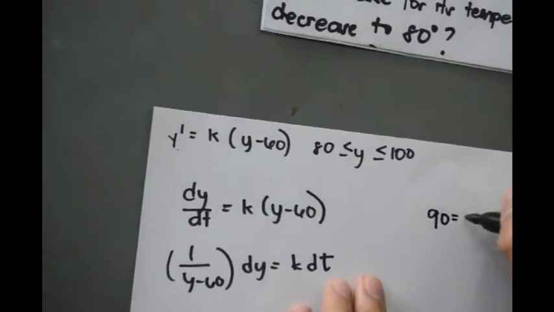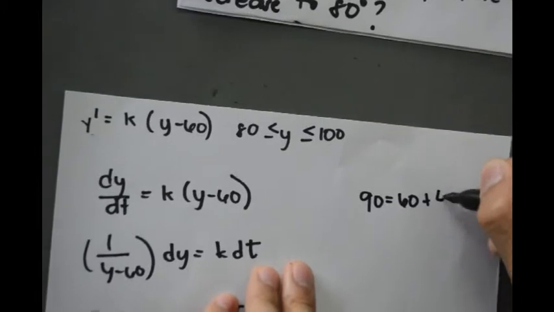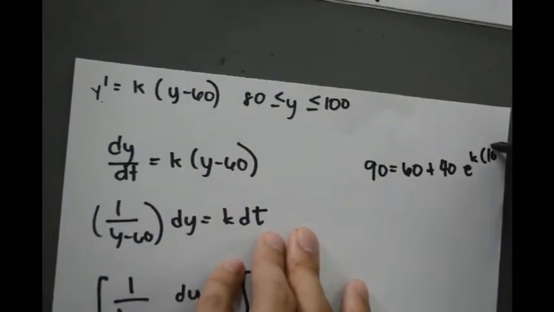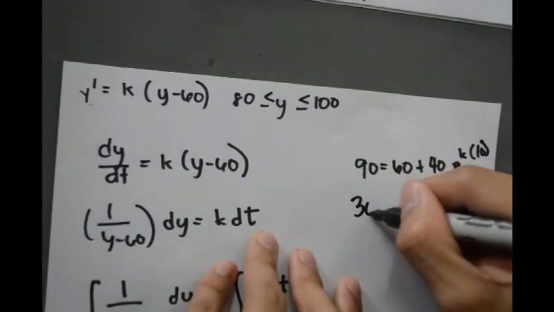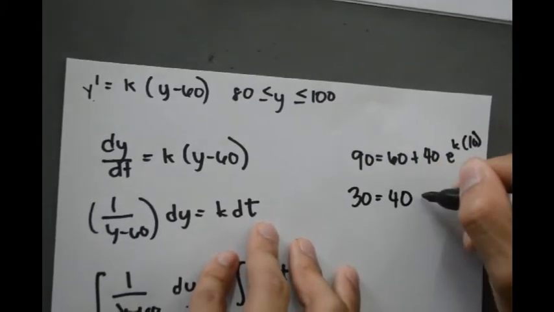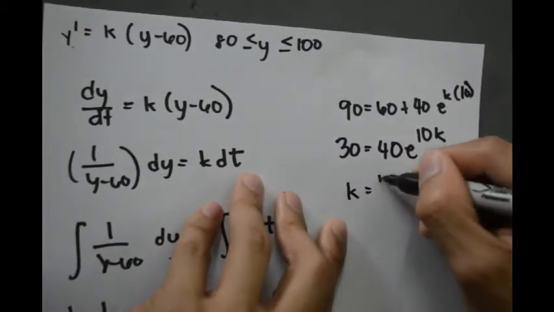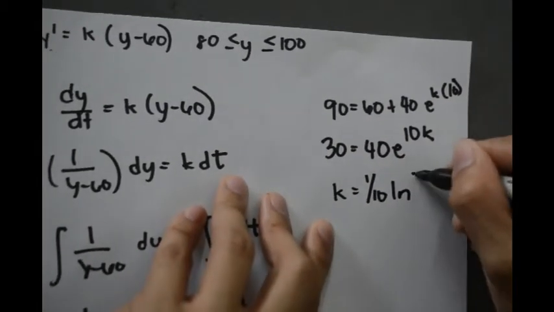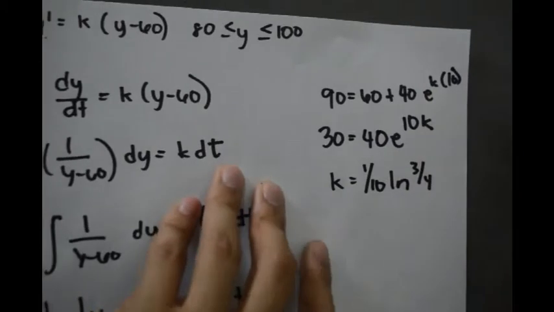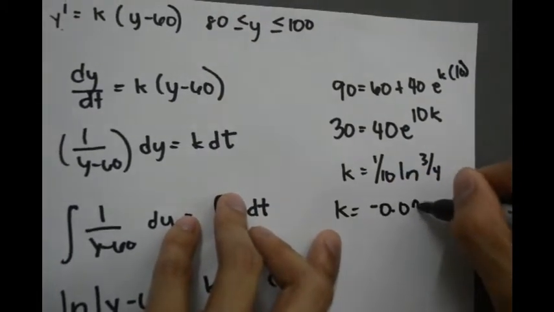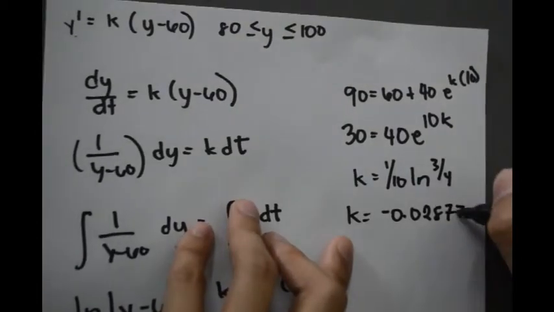90 equals 60 plus 40 e raised to k times 10, so 30 equals 40 e raised to 10k. K is equal to 1 over 10 ln 3 over 4. So k is approximately negative 0.02877.